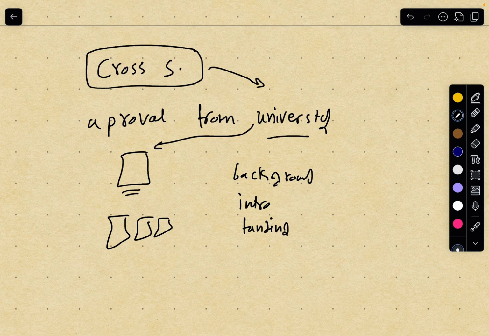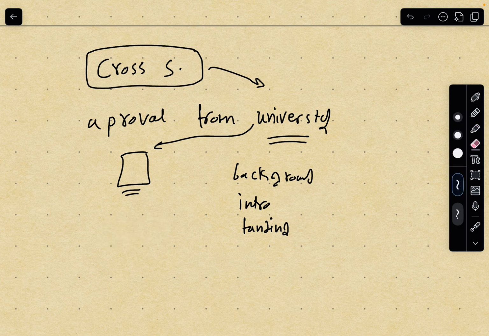For my university, this protocol is pretty general for any type of research, but for hospitals you might find their own protocols or proposals, a proposal for each specific type of research. So for my university, it's general.